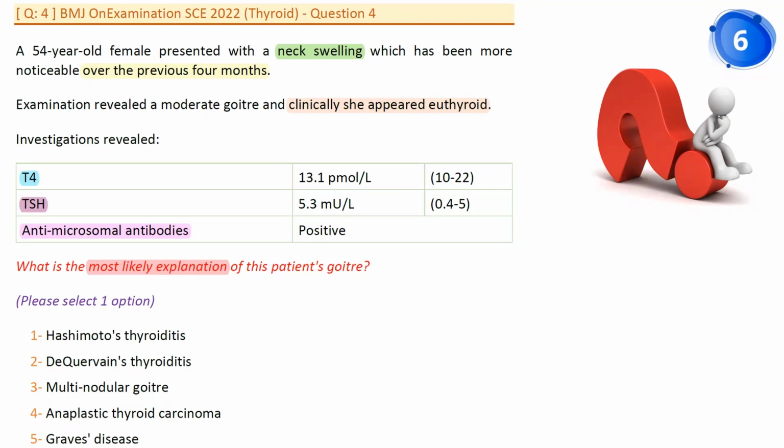Why Hashimoto? Why not de Quervain thyroiditis? Painless goiter. There is no pain. Yes, de Quervain thyroiditis means a painful, tender thyroid, with elevation of the ESR and elevation of the C-reactive protein. This is very important. What about anaplastic thyroid cancer?